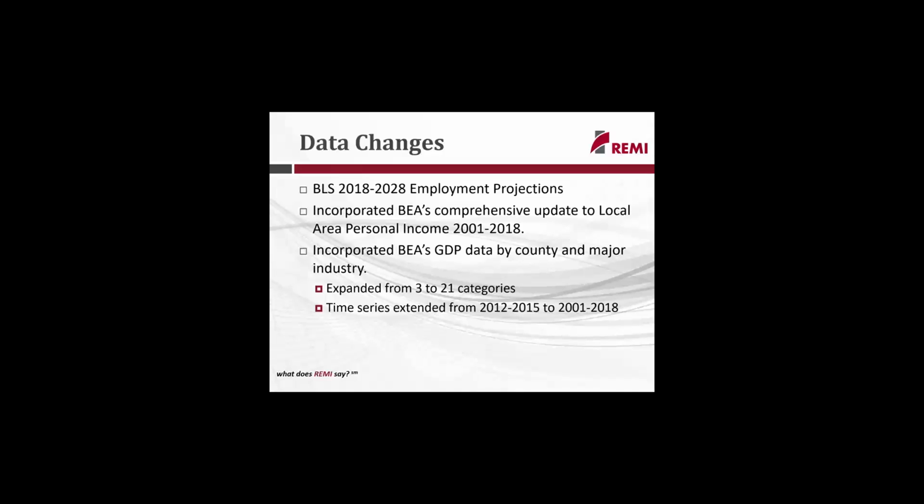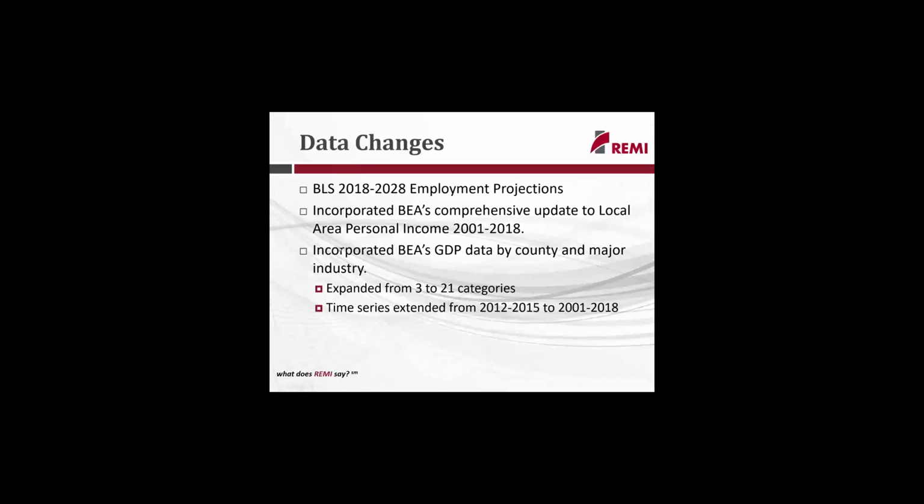So the major things we need to know are that we have the new employment projections in there, which has a whole bunch of different components that affect our forecast. We also have the BEA's comprehensive updates to the local personal income data. According to the BEA, they incorporated revised source data that's more complete and more detailed than previously available, and that information goes back throughout our model history.